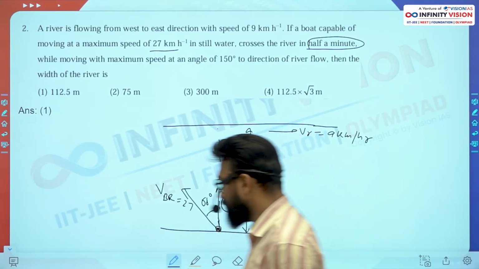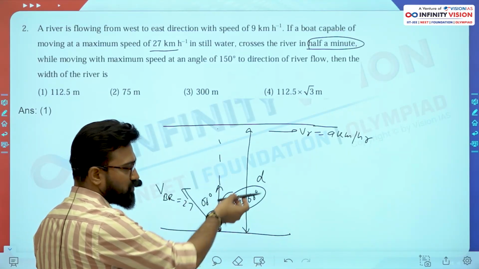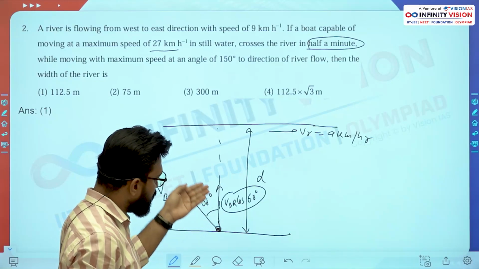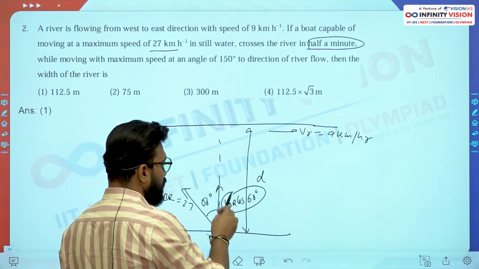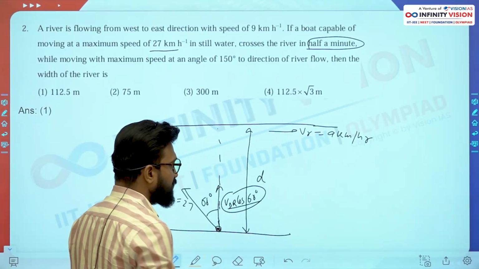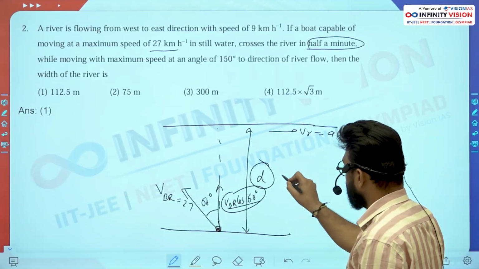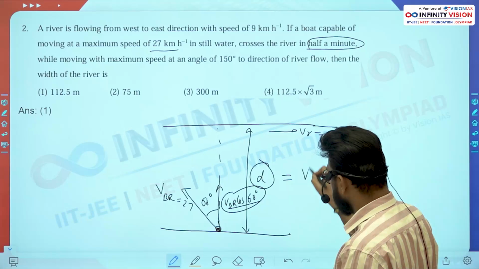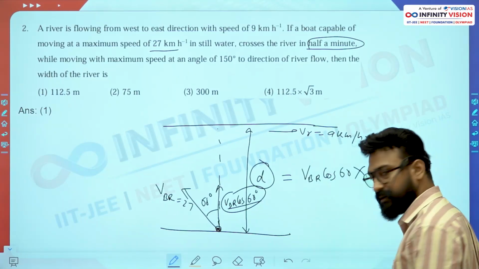This is the only velocity component along the perpendicular direction of the flow, which makes the boat move in the straight direction. So the velocity with which it is moving in a straight direction is this much, and the distance it has to cover is this. So distance would be equal to speed into time. The speed with which it is moving is VBR cos 60 multiplied by time.